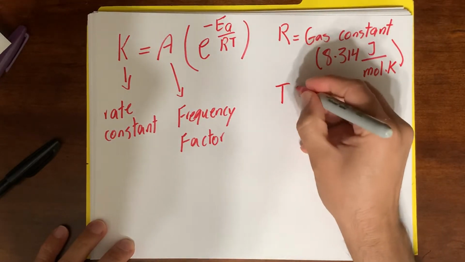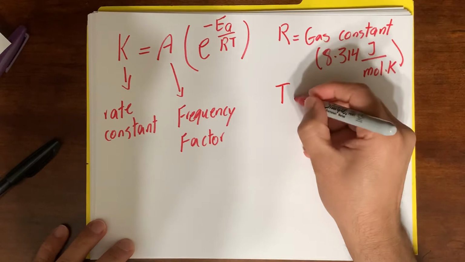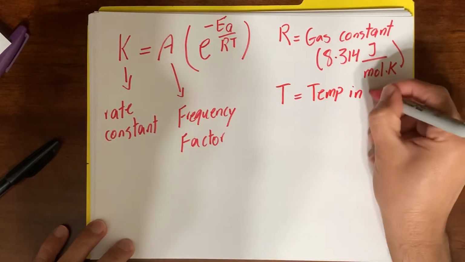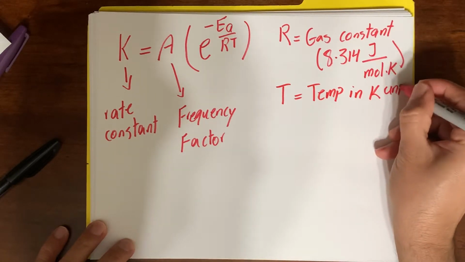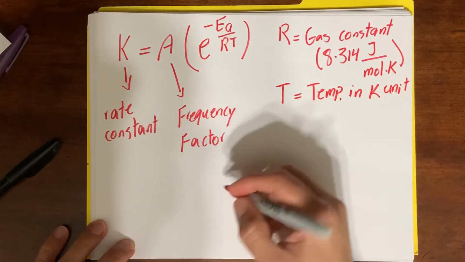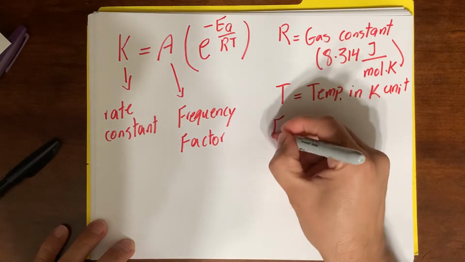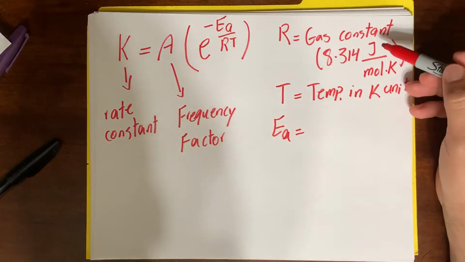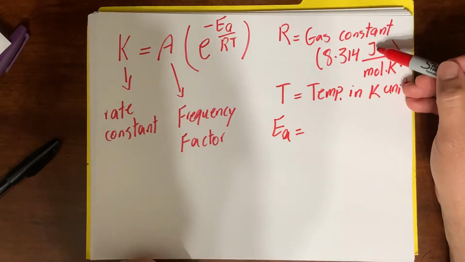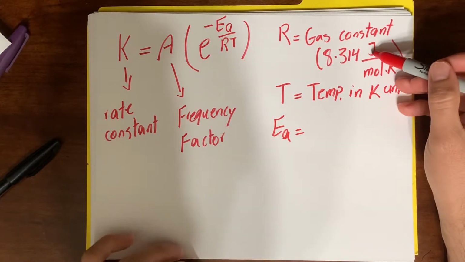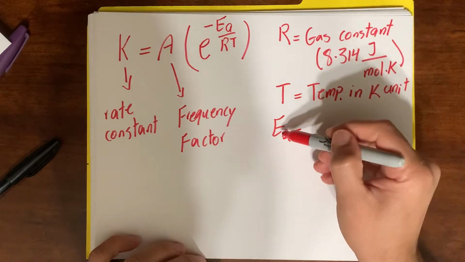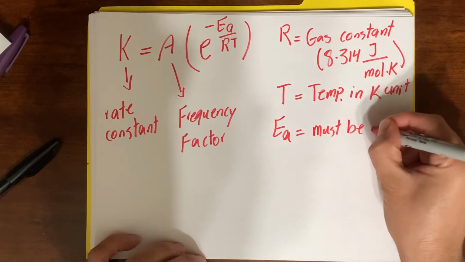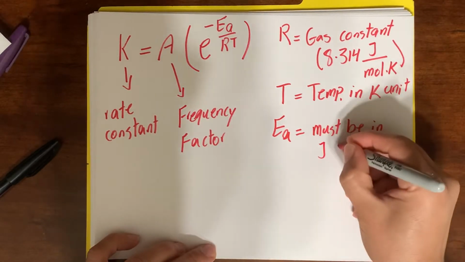T is the temperature in Kelvin unit. And EA, okay. Here, please look at the unit of R. R comes with joule over mole Kelvin. Because R comes with joule, EA must be in joule unit.